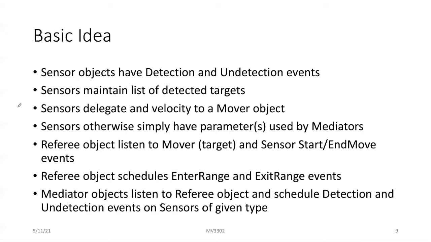We can either redo all of the stuff that we had for a mover in the sensor, or, based upon the programming virtue of laziness, we are going to delegate its movement to a mover object. In other words, the sensor is going to move around according to a mover object that it's conceptually sitting on top of.